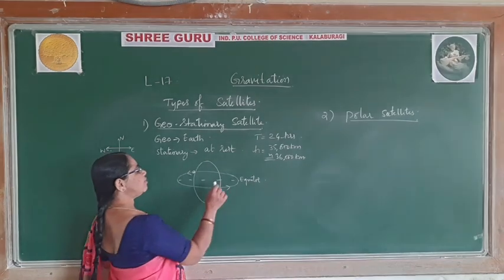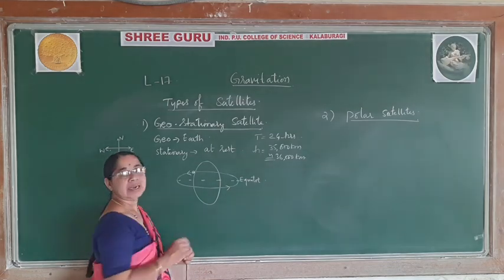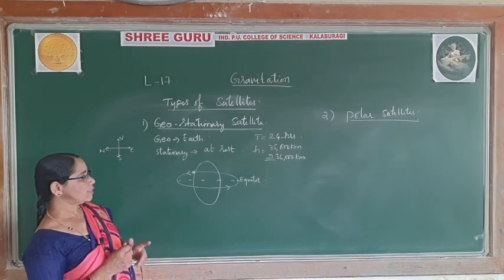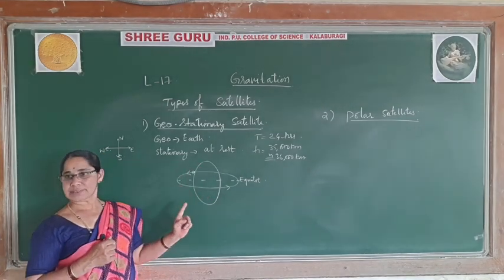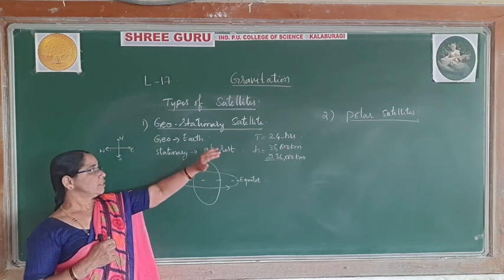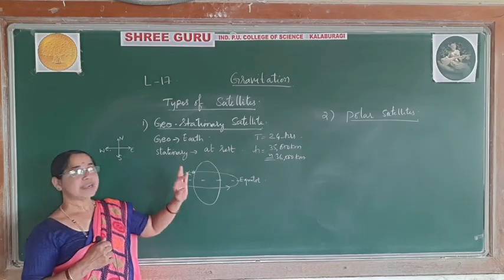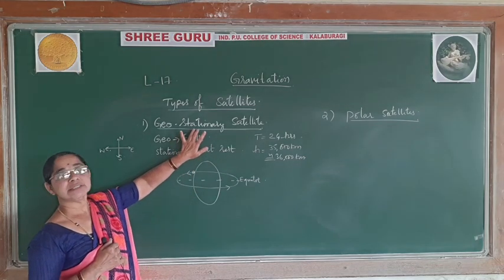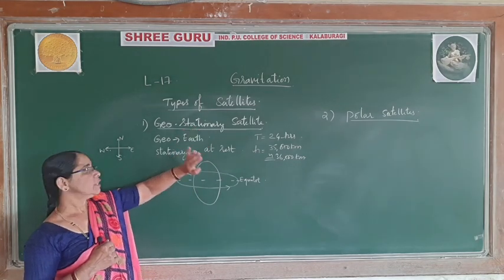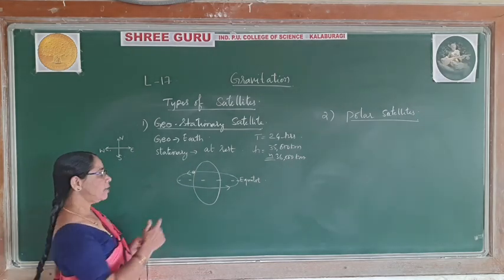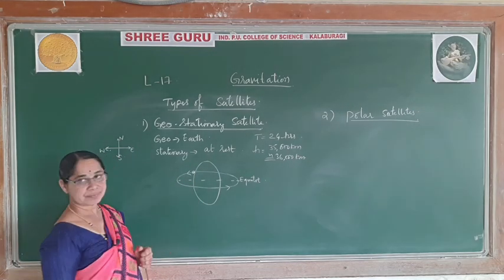So the location will be at the equator position, and as it rotates, it will be rotating around this. So for the time period and also the height we have to take into consideration for this geostationary satellite.